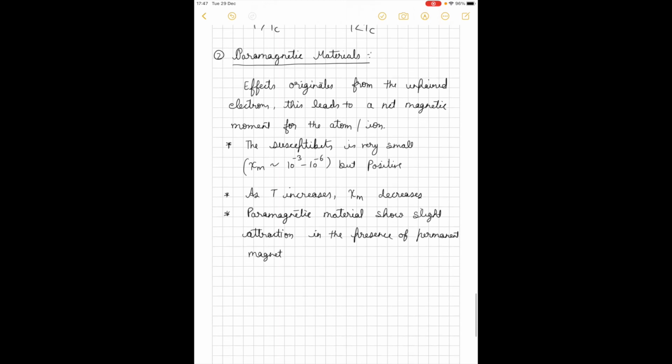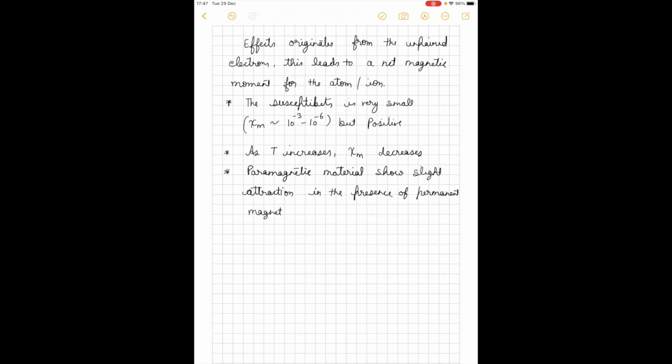Okay, but the paramagnetic response is really small. You can see the susceptibility is pretty small, of the order of 10 to the power minus 3 at the most. So the effect is hardly visible. So most materials, if they are paramagnetic, are considered non-magnetic.